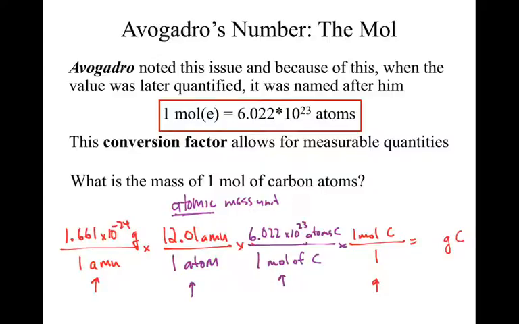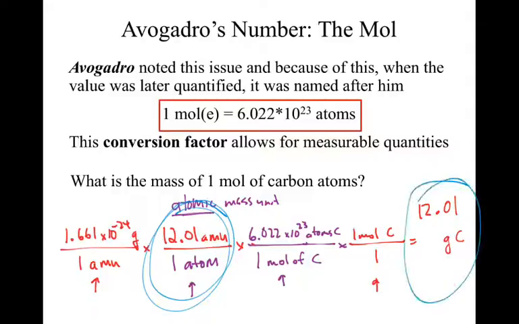And if I do the math real quickly, divide by 4, subtract the 3, I should end up with 12.01 grams of carbon. Well, wait a second. Isn't 12.01 grams of carbon the exact same thing that was written on the periodic table in AMUs, except now it's in grams? Well, what happened? This is the power of the mole.